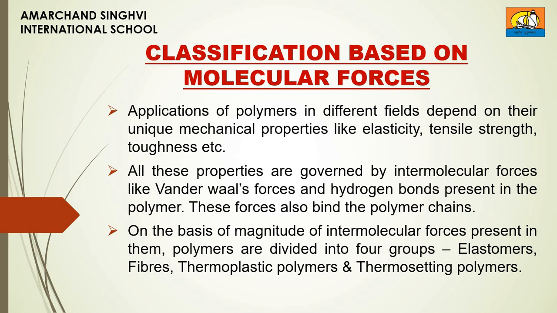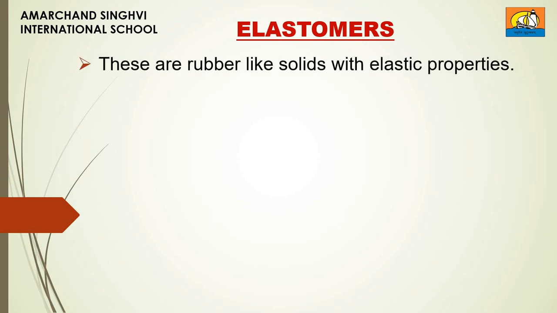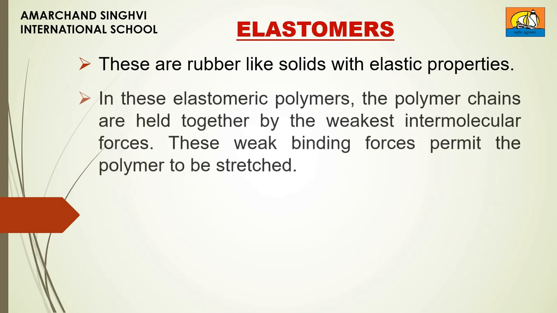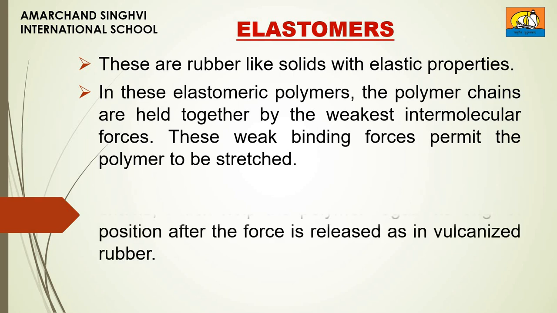Let's discuss elastomers. These are rubber-like solids with elastic properties. In these elastomeric polymers, the polymer chains are held together by the weakest intermolecular forces. These weak binding forces permit the polymer to be stretched.